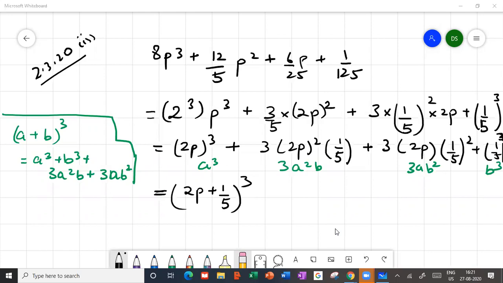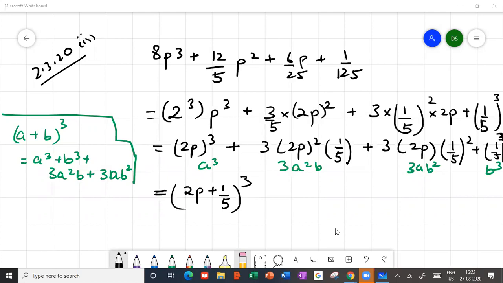These questions based on identities will carry more marks because these are application based. Factor theorem, I guess it will come very rarely. I'm not really sure if that has more importance, but identities definitely have the maximum importance in this chapter.